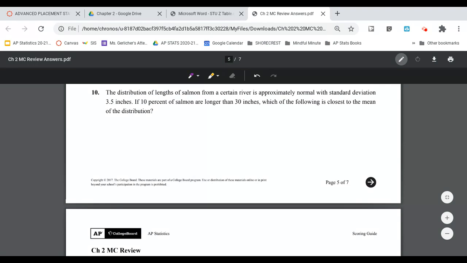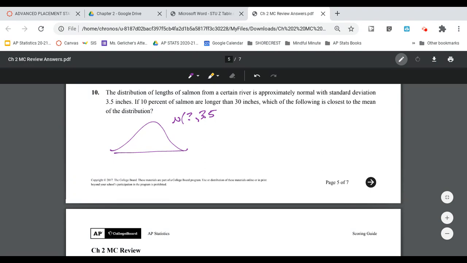Okay, the distribution of length of salmon is probably normal. Yep, so this is kind of a z-score one again, but with a twist to it. Okay, so we have a normal distribution. We don't know the mean, so I'll make it a question mark for now. We do know the standard deviation is 3.5.